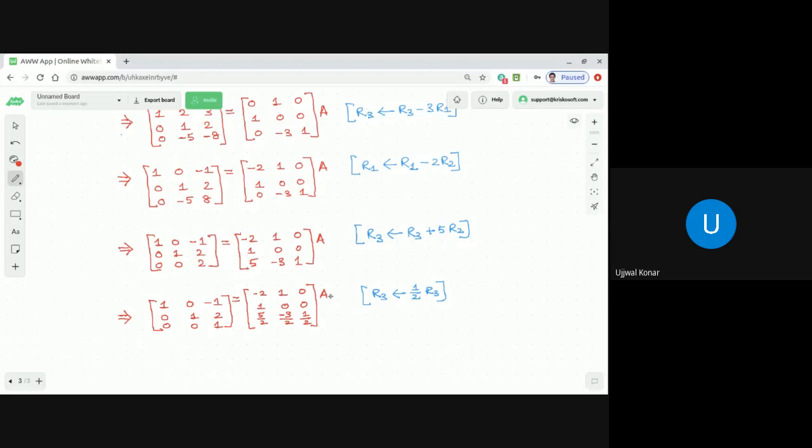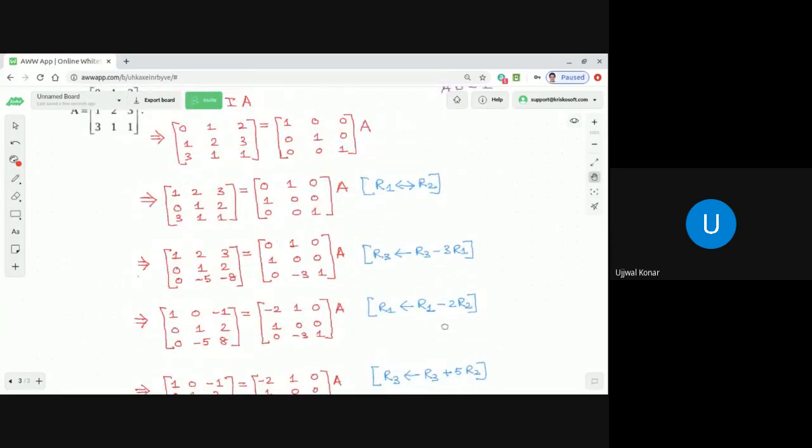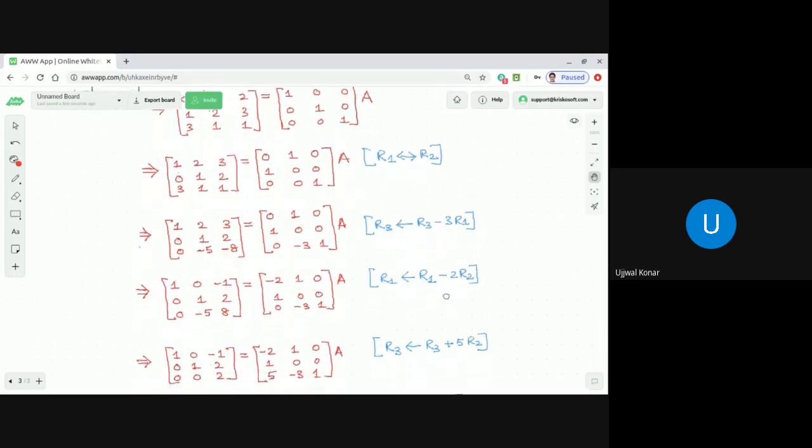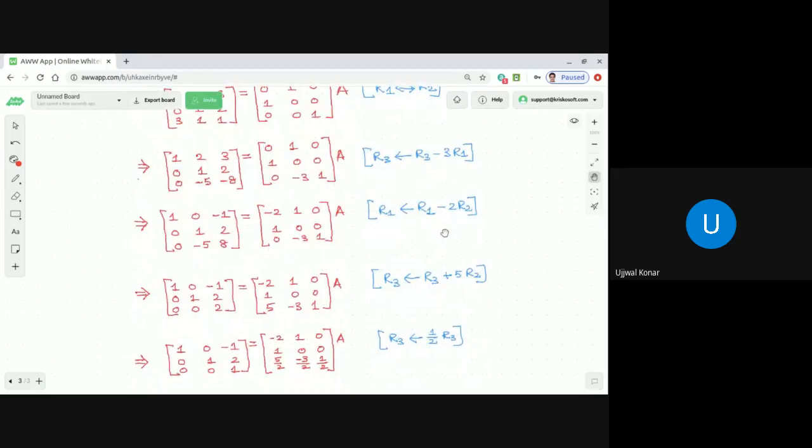Now I would like to go back a few previous steps and see how we have achieved this. If you look at the left hand side matrix, we are slowly bringing it down to an identity matrix. From the original matrix we come to this one, then from here to this one, and from here to this one.